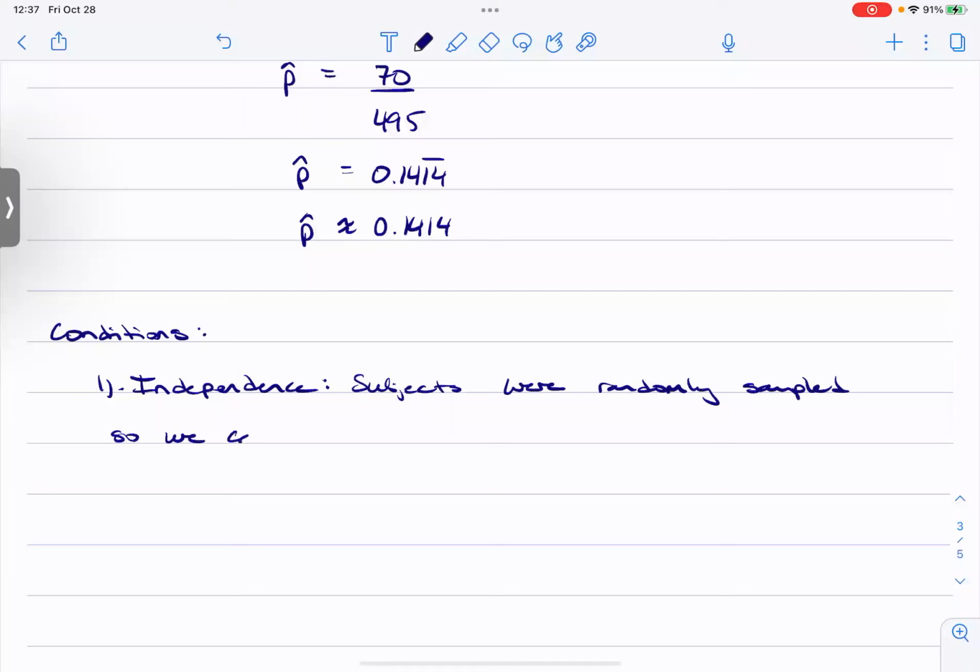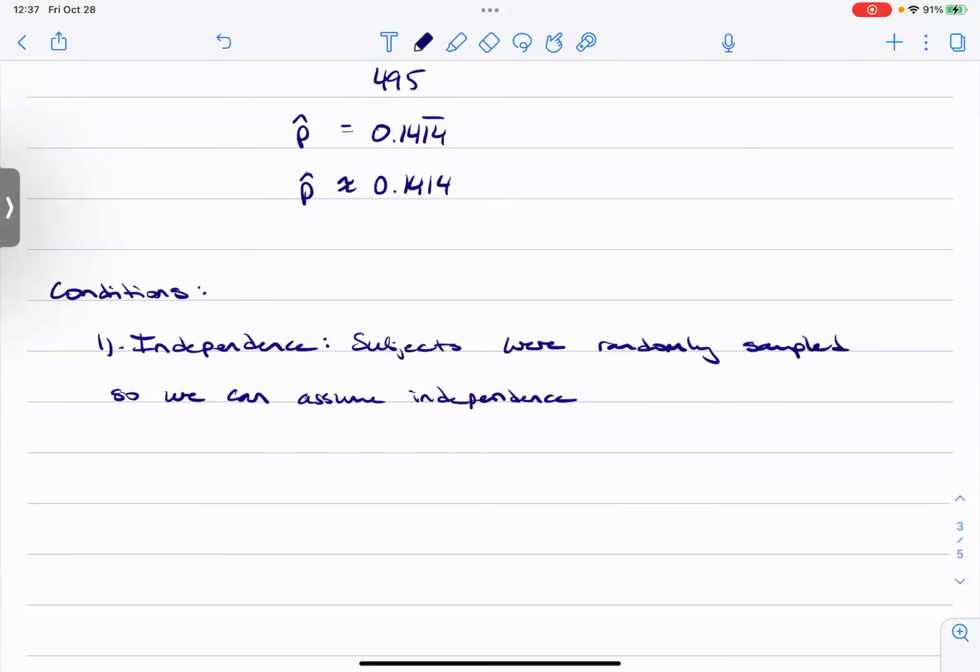So we can assume independence within and between the groups. That doesn't make any mention of truckers or controls or anything like that. That's a generic statement that you could apply as long as it says that they were randomly sampled.